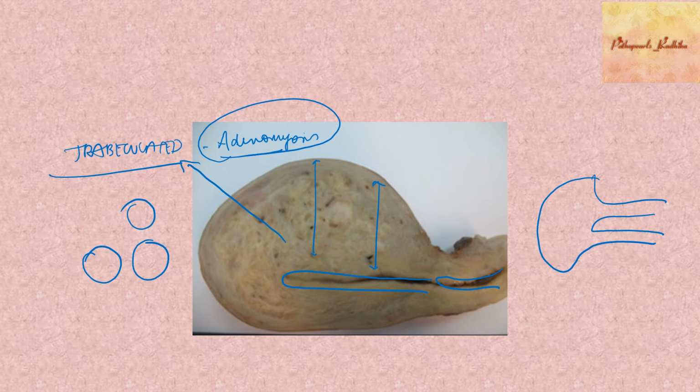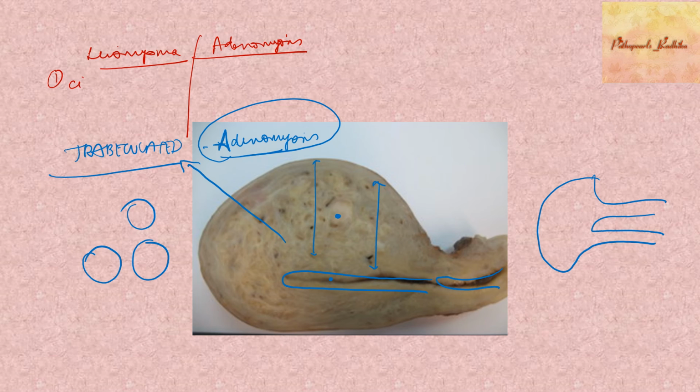So what is adenomyosis? When you have endometrial tissue in the myometrium, we call it adenomyosis. So why did I put this picture? To differentiate between leiomyoma and adenomyosis. Leiomyoma can also cause uterine enlargement. Adenomyosis can also cause uterine enlargement. But what's the difference?